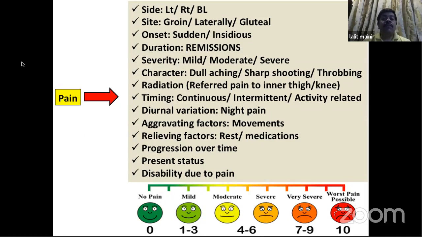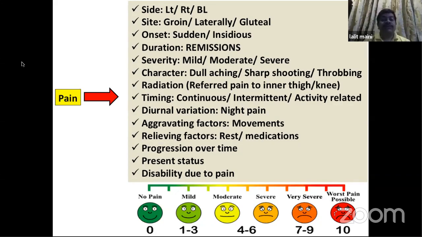So something more on pain, a different perspective. This being the commonest symptom in a hip case, the side, is it left or right, or is it bilateral? In case of bilateral, is it symmetrical or is one side more painful than the other? The site, where exactly is it? The patient pointing towards the groin, is it on the lateral side or is it on the gluteal area?